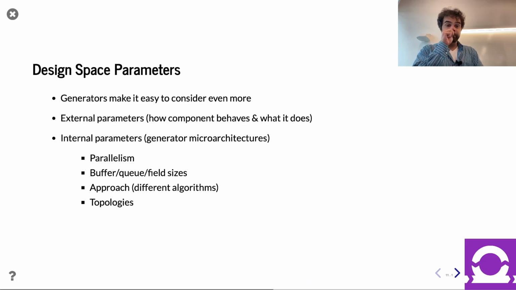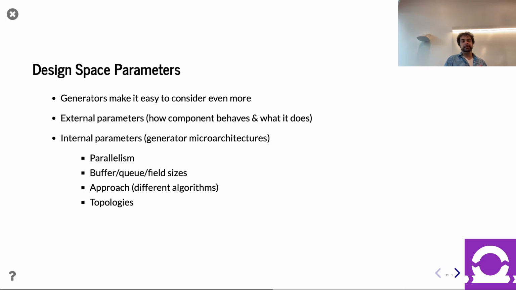Cool. Okay, so metrics are goals, right? Then there's your parameters. Like I said, in this course I've been telling you to use generators to get parameters. There are two flavors of parameters. There's what I call external parameters, which are things people outside your generator see, like how many ports does it have? How wide are these ports?